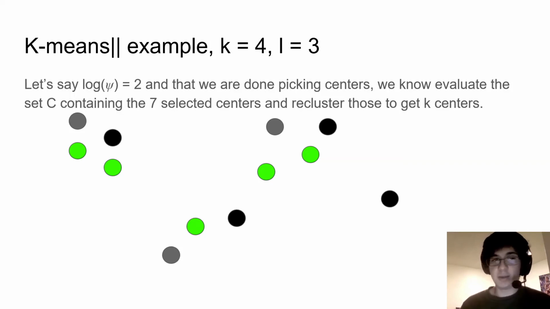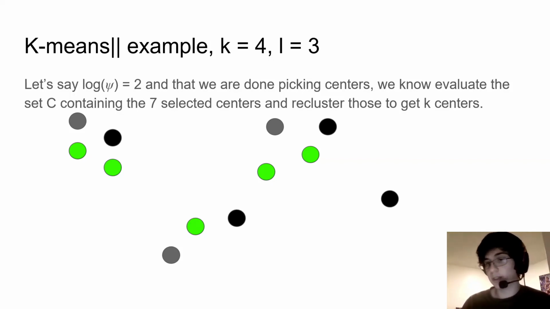And we now have the set C that has 7 centers, but we have k equals 4. So we have to move on to step 7, where we look at all these points and we reweight them based off of the number of closest points nearby. Say you have 2 points that are closest to you compared to all other points in the distribution, you would have double the weight of a point that only has one other point that's closest to it.